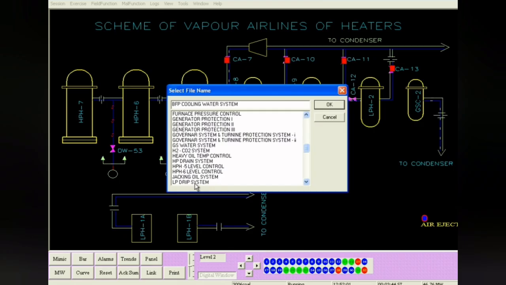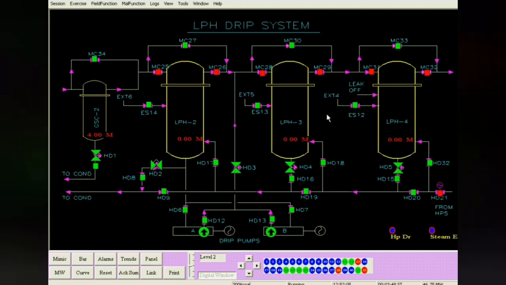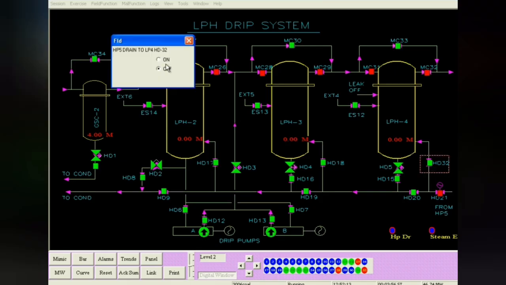Now you see we open the first isolating valve of LP heater 4 from drip side, then the other isolating valve, meaning the outlet valve of LP heater 4 drip. Then this drip goes to LP heater 3, so the LP heater 3 inlet drip valve will be opened.